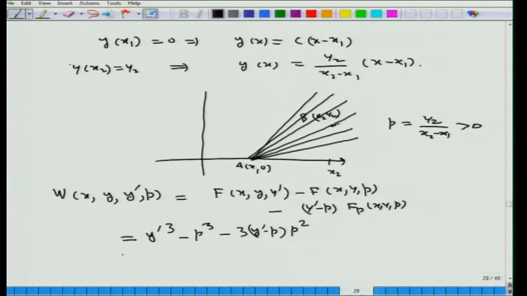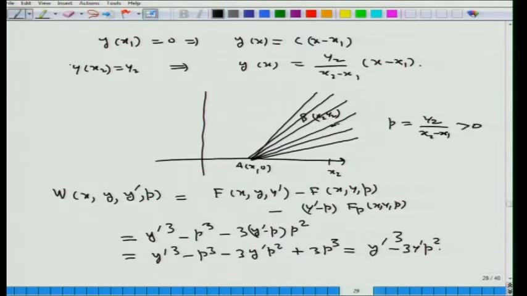So this is equal to y prime cube minus p cube minus 3 y prime p square plus 3p cube. So that is equal to y prime cube minus 3 y prime p square plus 2p cube.